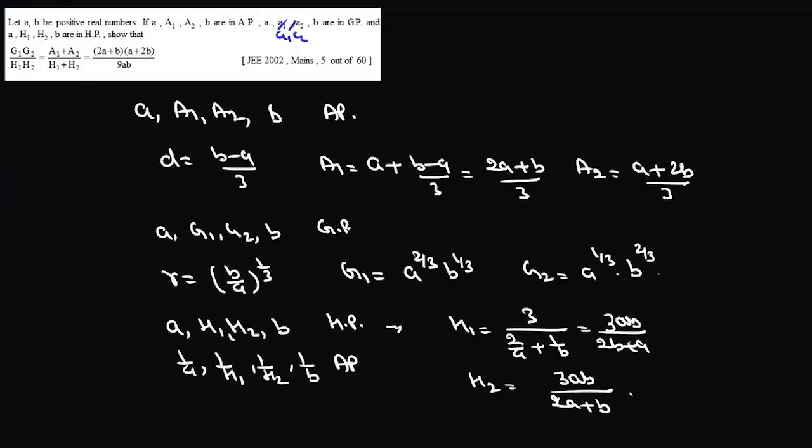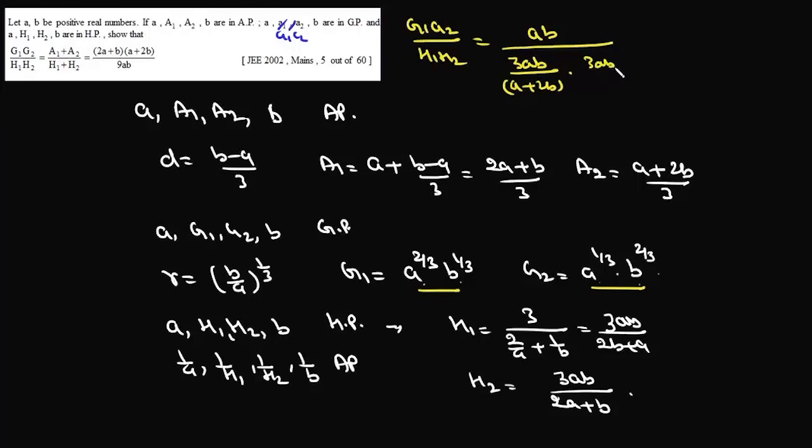Now this first part is G1 G2 upon H1 H2. Now G1 G2 is the product of these two terms. Now a to the power 2 by 3 into a to the power 1 by 3 is a, and b to the power 1 by 3 and b to the power 2 by 3 is b. So it will be simply ab upon H1 H2. Now this is 3ab upon a plus 2b, and this is 3ab upon b plus 2a.